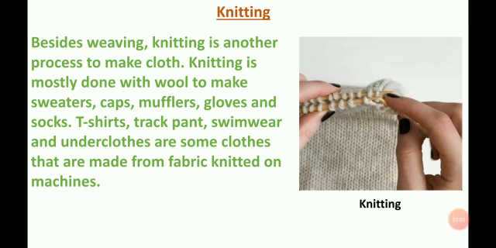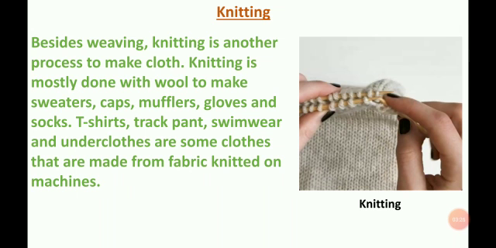Next is knitting. Besides weaving, knitting is another process to make cloth. The only difference between weaving and knitting is that in knitting we use wool instead of thread. Examples of knitting are sweaters, caps, mufflers, gloves, and socks.